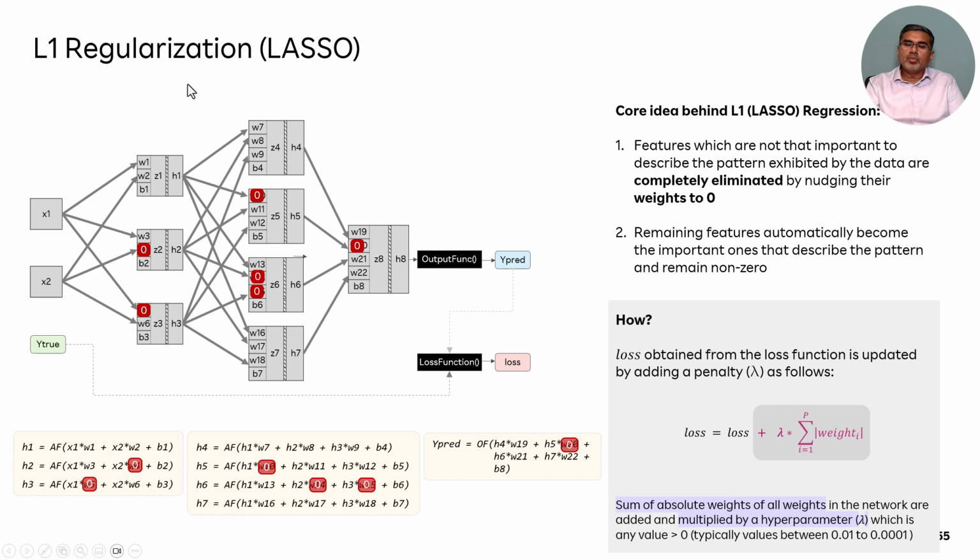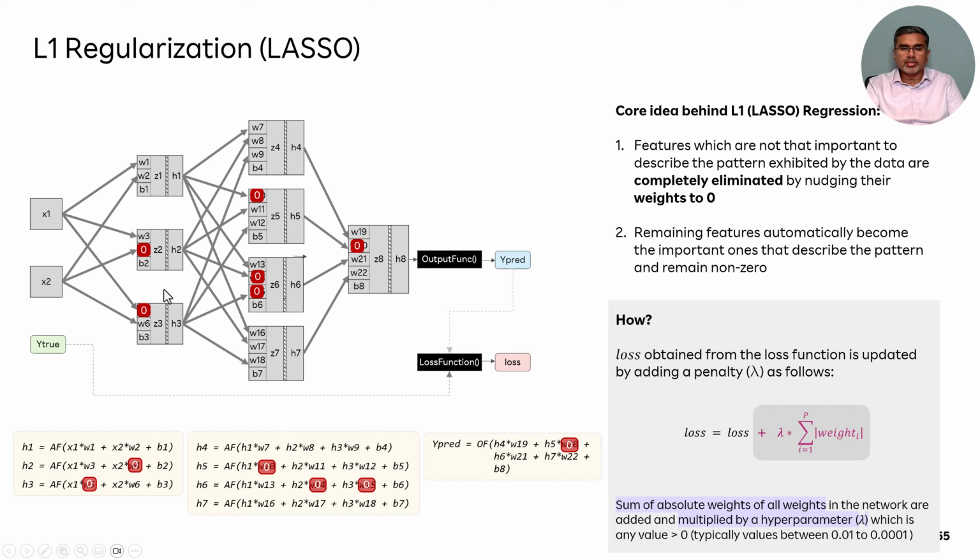In the case of L1 regularization, the penalty is going to be some hyperparameter called lambda, which is typically a value that is greater than 0, between 0.01 and so on. And you multiply that lambda with the sum of all the weights in your entire network.